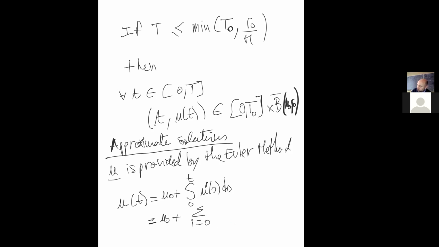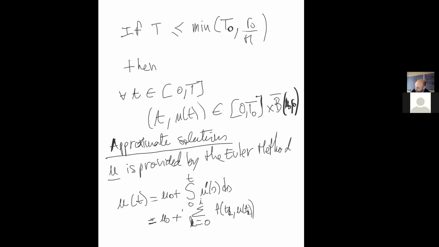So assuming that, for example, t belongs to the interval t_i to t_{i+1}, I can write it as the sum of the integrals, and the sum of the integrals will be f of t_k, u of t_k times h.